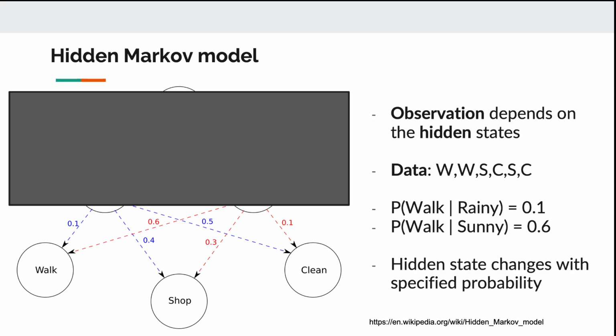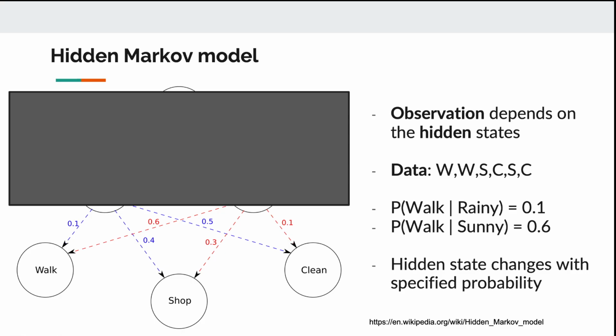So you already have access to the activity of that idol. But what you want to do is predict the weather in South Korea. So this becomes a hidden Markov model because the actual weather in South Korea is hidden from you, but that's what you want. So the states, which the observations depend on, are hidden from you, and you can only observe the activity of that person, whether it's taking a walk, going shopping, or cleaning.